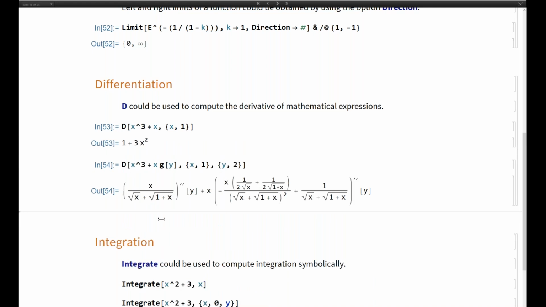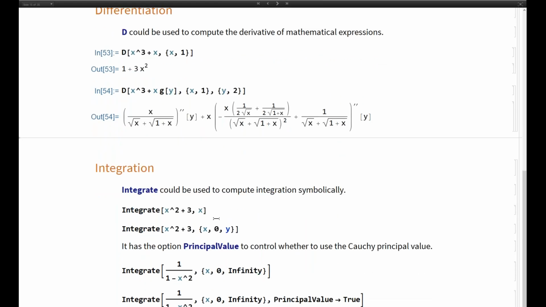In fact, in some cases, some individuals find it easier to take a look at the Classroom palette to get the symbolic representation of differentiation as opposed to just simply using the function D. It entirely depends on your preferences whether you prefer the visual method or the programming method.